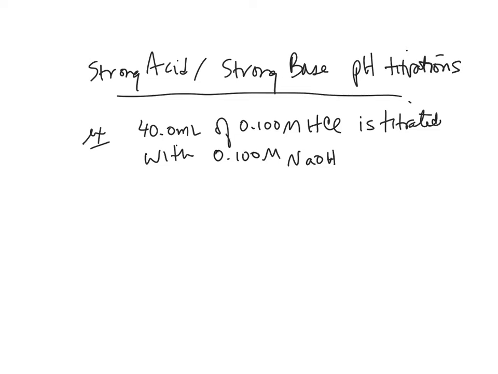So for this system, you have a beaker or a flask, and that is going to contain your HCl. Then there is a burette above it delivering sodium hydroxide, and the sodium hydroxide is neutralizing the H+ from the HCl in solution.